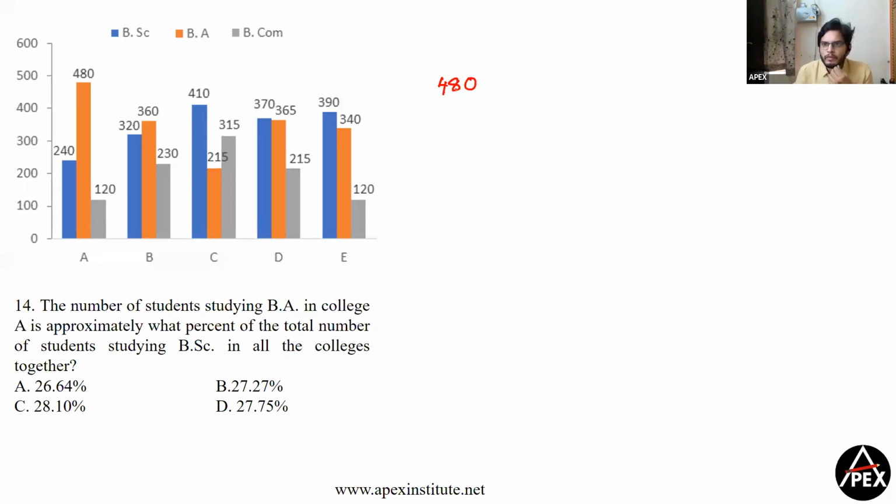So BSc is 1730. Okay. So we have just determined that the total number of students studying BSc is 1730. So this question becomes 480 is what percent, approximately what percent of 1730? Okay, into 100.